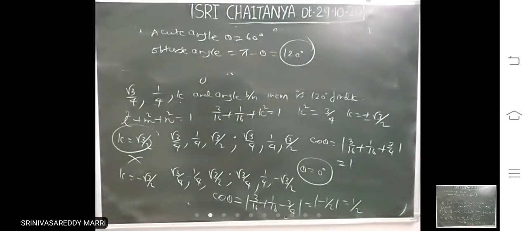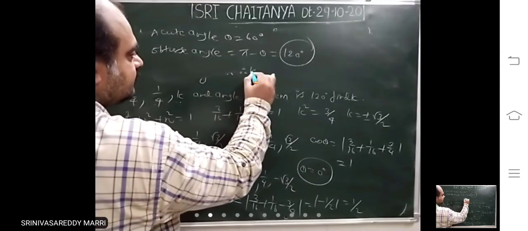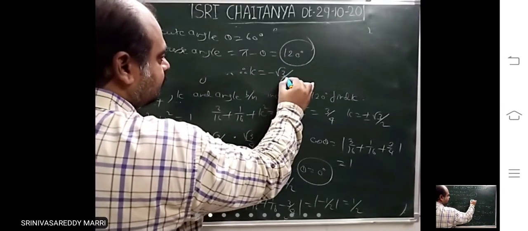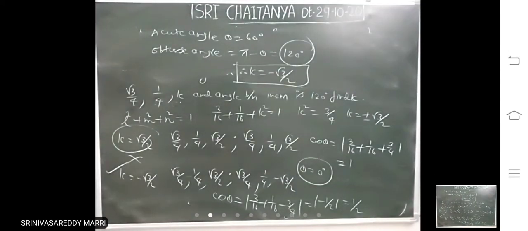That's why k equal to minus root 3 by 2 is correct. First, if the DCs are given, you write L square plus M square plus N square equal to 1. Then you will get two k values. Don't write both, but the angle must be 120. You have to use that condition also. Like that, this is how to use the DCs formula.